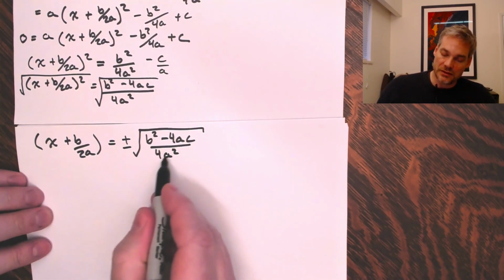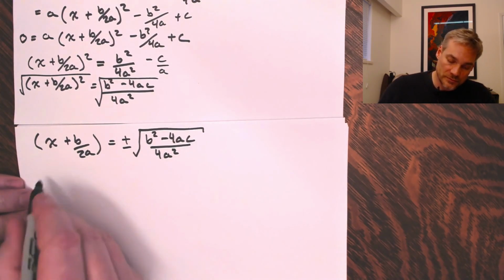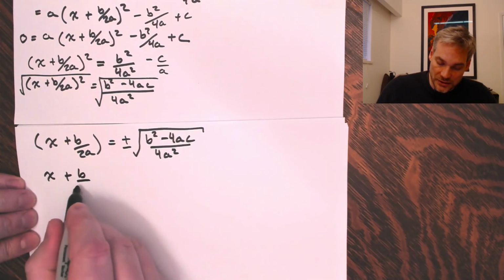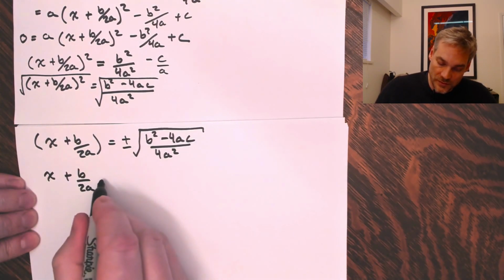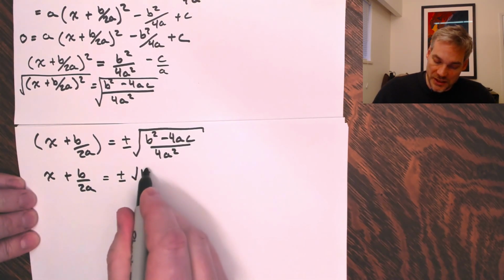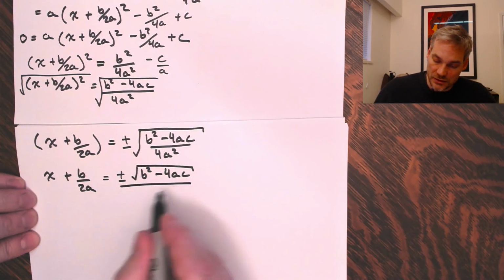I know what the root of 4a squared is. It's 2a. So I have x plus b over 2a equals plus or minus the root of b squared minus 4ac over 2a.